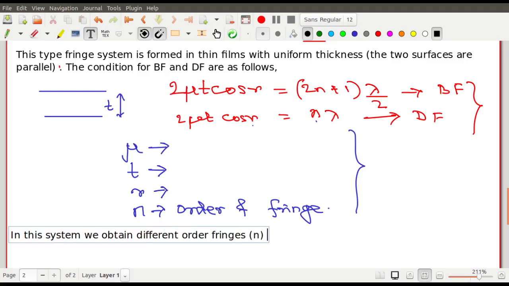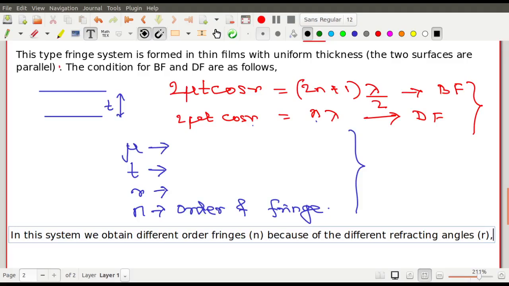We obtain different order fringes because of the different refracting angles, right? In this system we obtain different order fringes because of the different refracting angles.